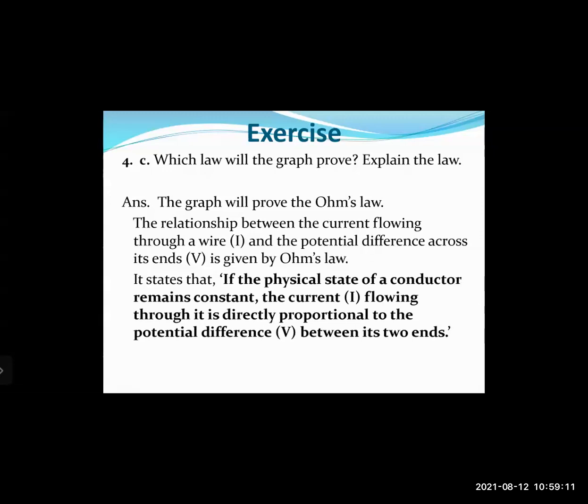Let us again explain the law. The relationship between the current flowing through a wire I and the potential difference across its ends V is given by Ohm's law. It states that if the physical state of a conductor remains constant, the current I flowing through it is directly proportional to the potential difference V between its two ends.